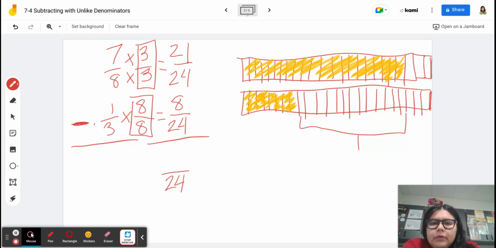If I do 21 minus 8, since I know that I'm finding the difference, I can count all of these. I could go 1, 2, 3, 4, 5, 6, 7, 8, 9, 10, 11, 12, 13. Or I could solve it with an algorithm. I would know that I have to regroup.